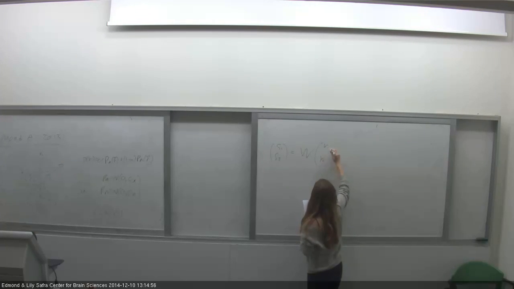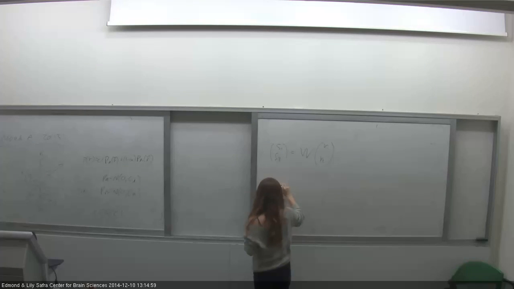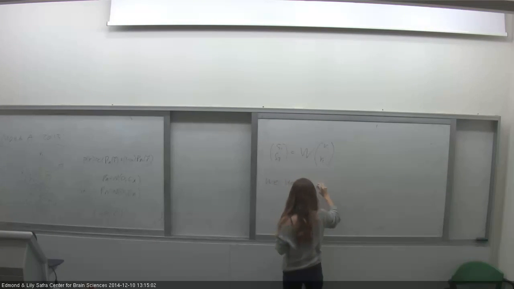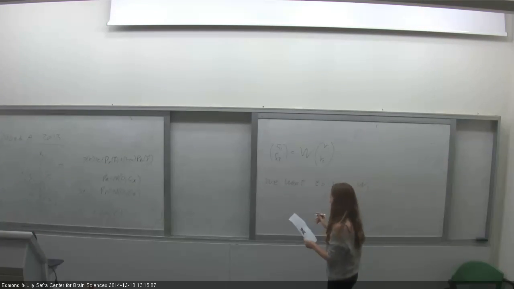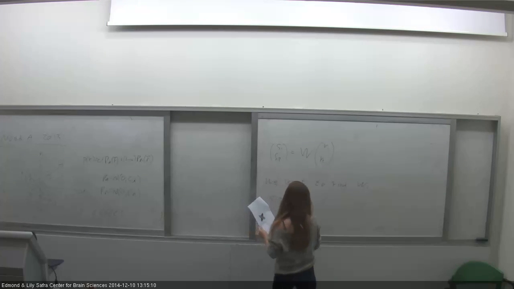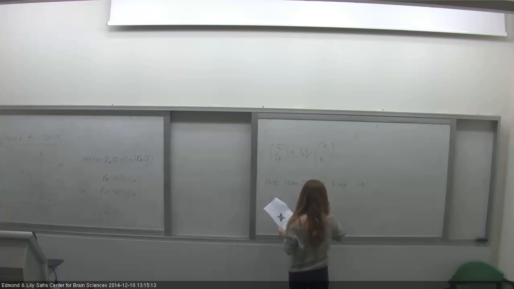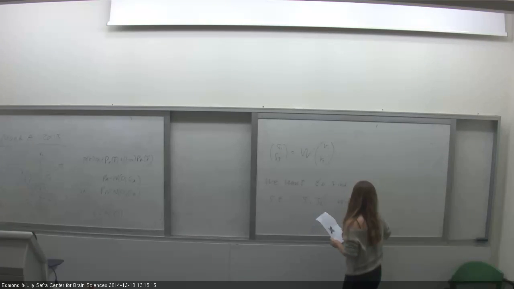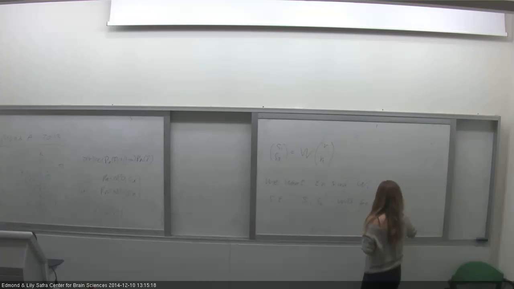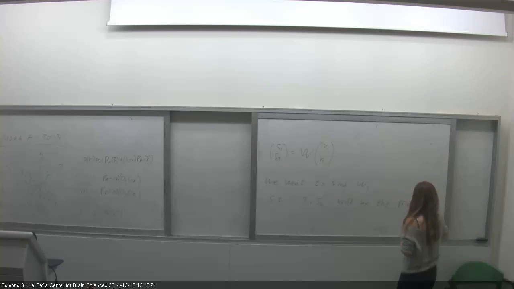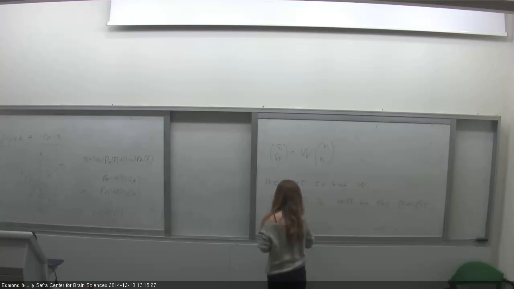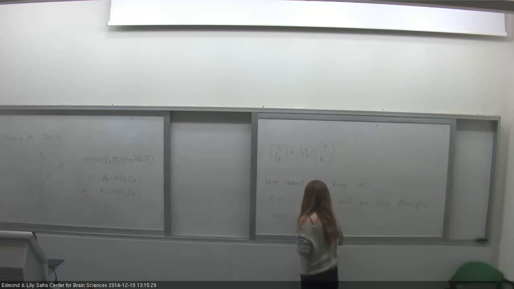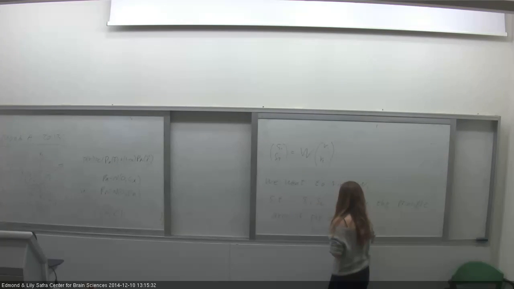R1, R2, and we want to find W such that S1, S2 will be the principal axes of the original Gaussian.